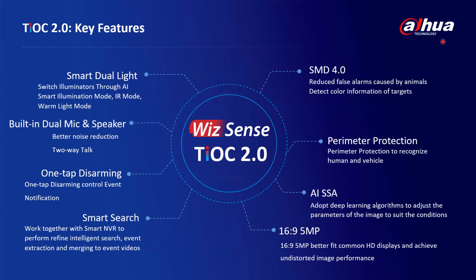In this case, it detects color information of the targets very clearly. So with all these, you'll find that the camera will be providing you with better image quality, either during the day or during the night.